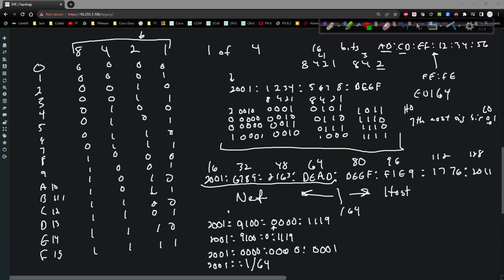Let me just look this up real quick, because it's been a long time since I talked about this. The seventh most significant bit is the universal/local bit.